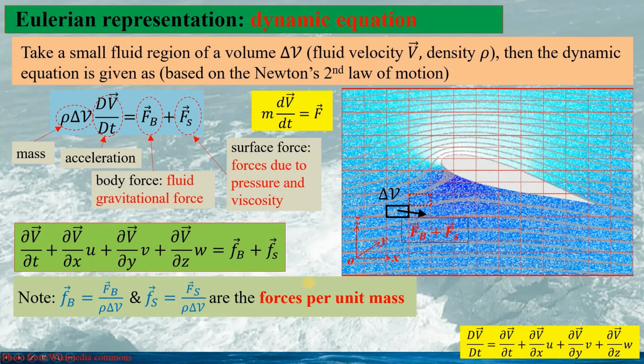Here, the substantial derivative is used for the acceleration, and the force is expressed as the vector Fb and the vector Fs. Here, vector Fb is defined as the vector capital Fb divided by rho delta V, and the vector Fs is defined as the vector capital Fs divided by rho delta V. So vector Fb and vector Fs are the forces per unit mass.